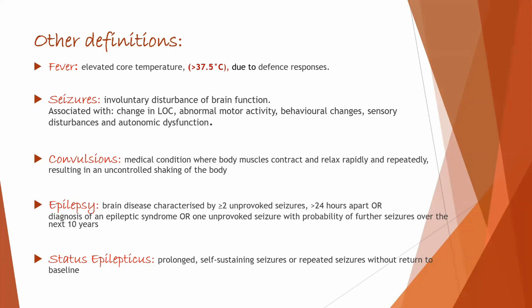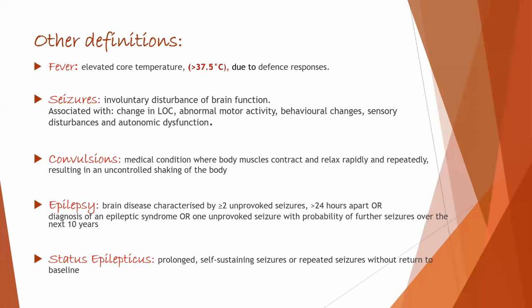So what is a seizure? A seizure is an involuntary disturbance of the brain function associated with a change in the level of consciousness, abnormal motor activity, behavioral changes, sensory disturbances, and autonomic dysfunction. So the normal inhibition is overcome by excessive excitatory stimuli in the brain.